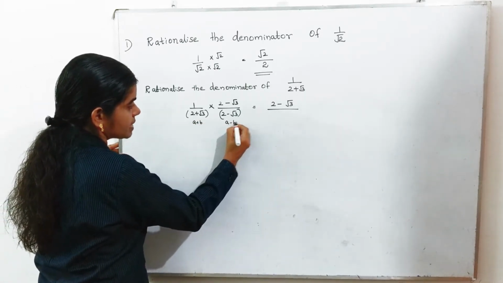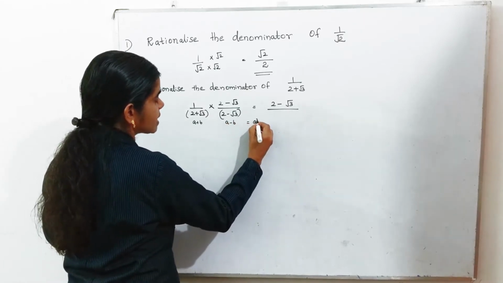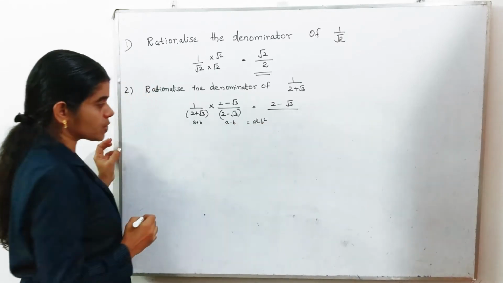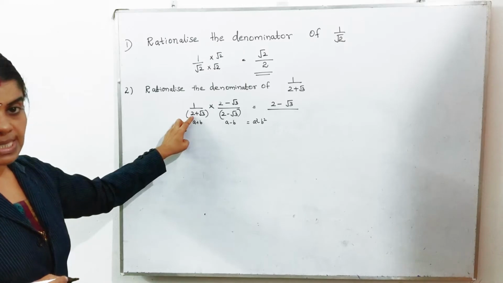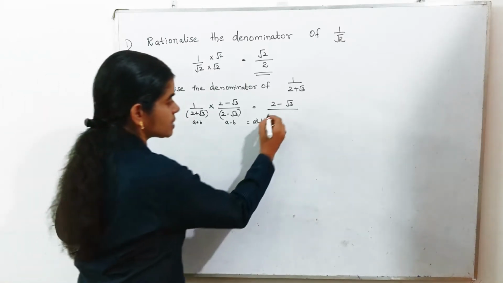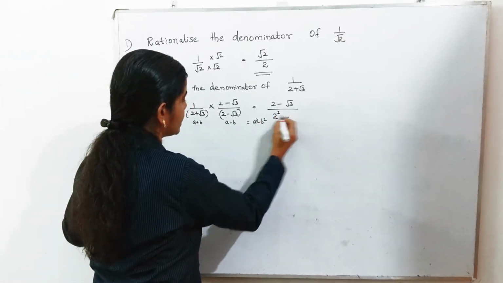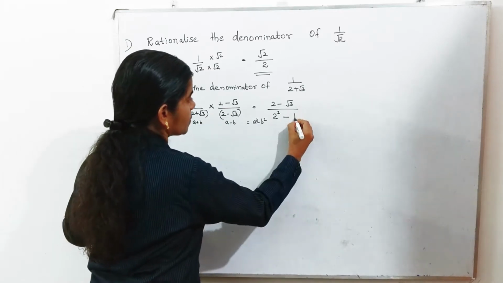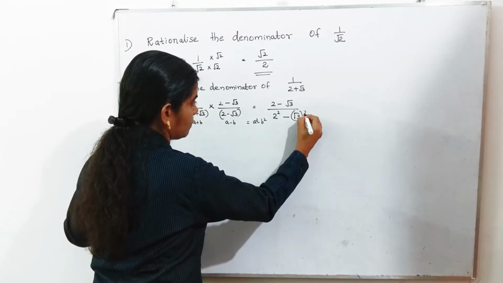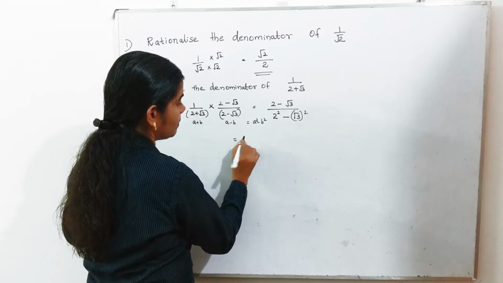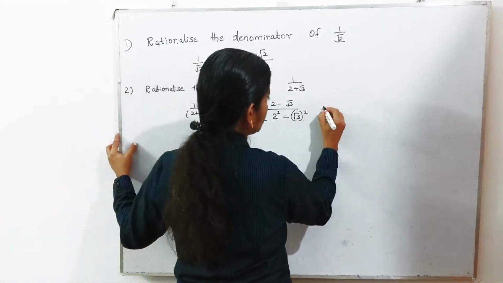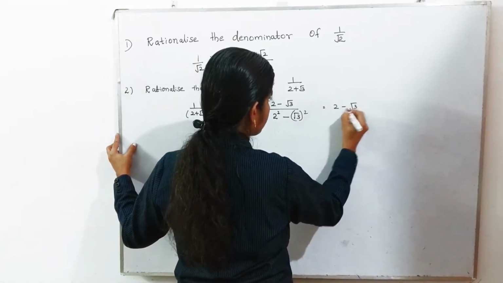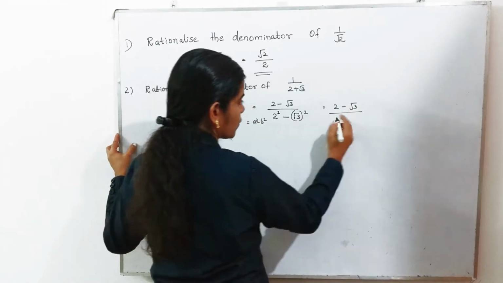Our answer will be a square minus b square. In the place of a, what is the number here? 2. Therefore this will be 2 square minus b, meaning root 3, whole square. Therefore our number will be 2 minus root 3 by 2 square, which means 4.